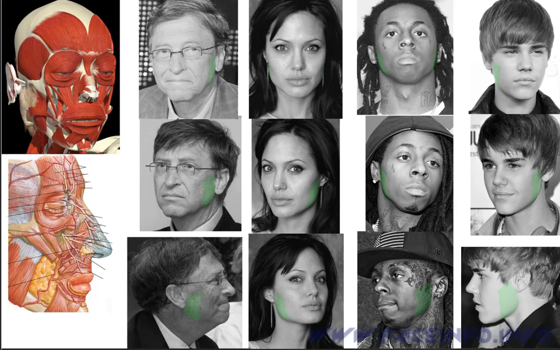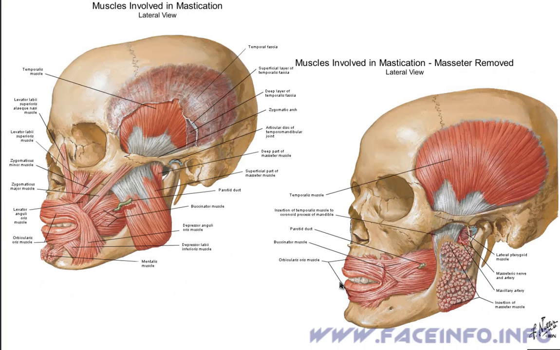So the mastication muscle or masseter starts from the zygomatic process of the maxilla. No, maxilla, it means upper jaw. This bone. Oh, sorry.